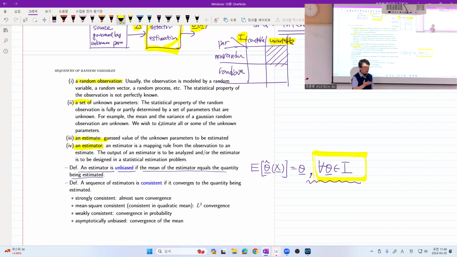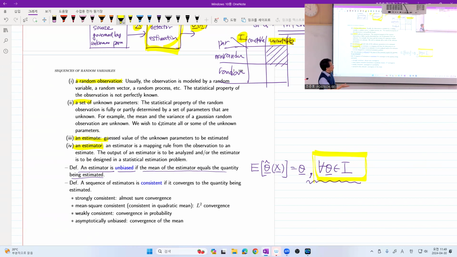But you don't know which distribution is selected among uncountably infinite candidates. And this is the unbiasedness of your estimator. So you design a fixed theta hat, and you test whether this is true for all theta in the set of parameters, the index set of parameters.